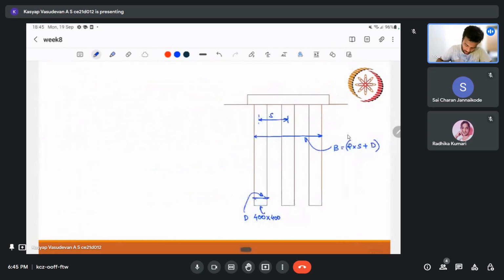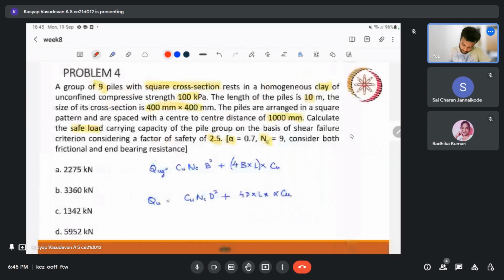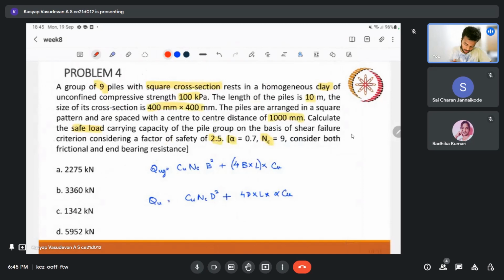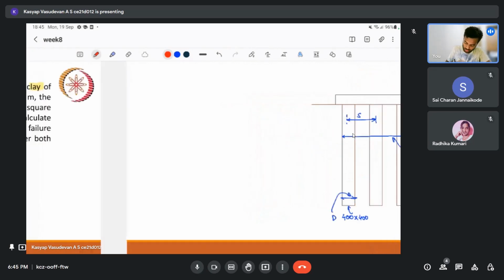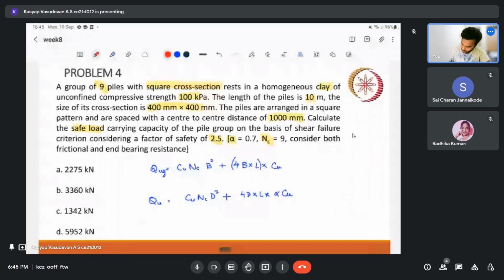So here we have B equal to 2 into spacing. Center to center spacing is 1 meter, plus diameter is 0.4. So I can write B is 2.4. What else do we need? Another thing here is our Qu is directly given as 100 kPa.